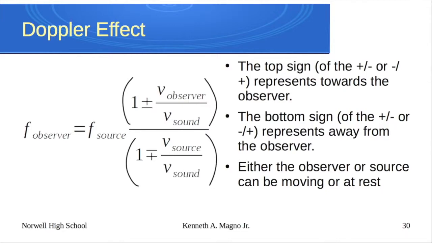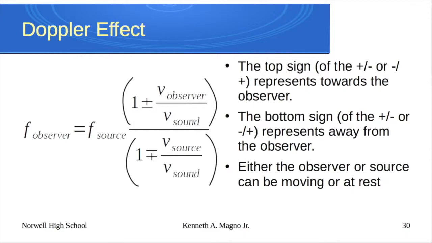So 1 is if the observer is moving, 1 is if the source is moving. So on the top deals if you're the one moving. The bottom deals if the source is moving. But theoretically, you both could be moving at the same time. So if the observer is moving, it's 1 plus minus the velocity of the observer over the velocity of the sound. If it's the source moving, it's 1 minus plus the source over the sound.